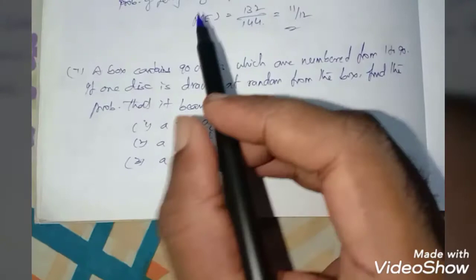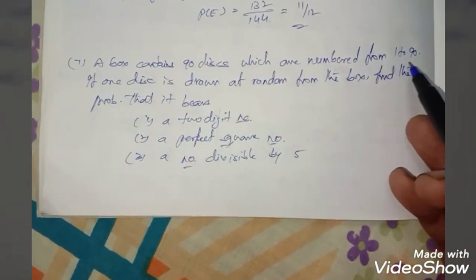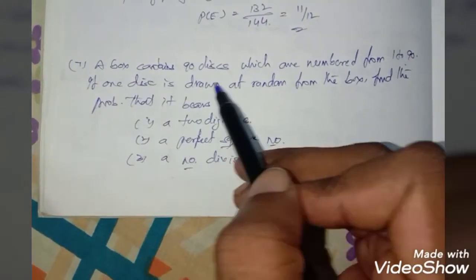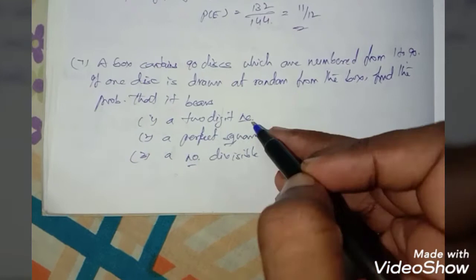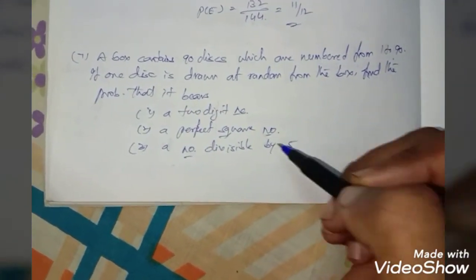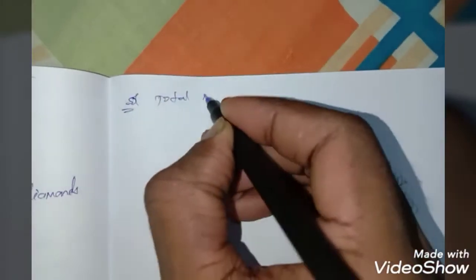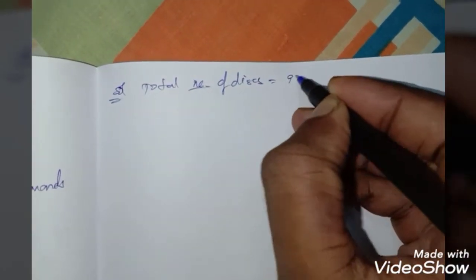Okay, so coming to the next question, a box contains 90 discs which are numbered from 1 to 90. If one disc is drawn at random from the box, find the probability that it bears a 2-digit number, a perfect square number, and a number divisible by 5, right? Now here the total number of discs is 90, right?